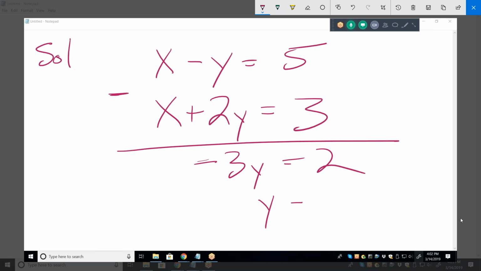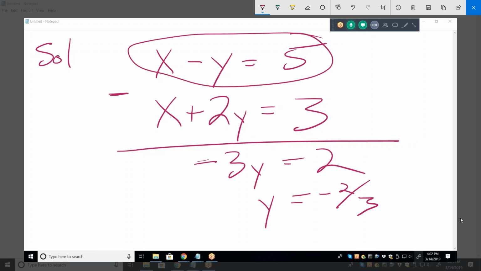So y equals negative 2/3. Once I have a y value, I can plug it into the simplest equation and solve for x. Most of the time, when you have a system of simultaneous equations, this is the answer. You have a specific solution for x and y.